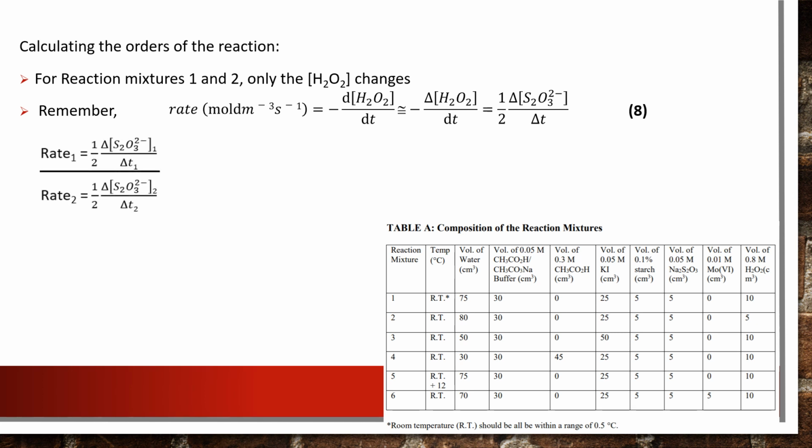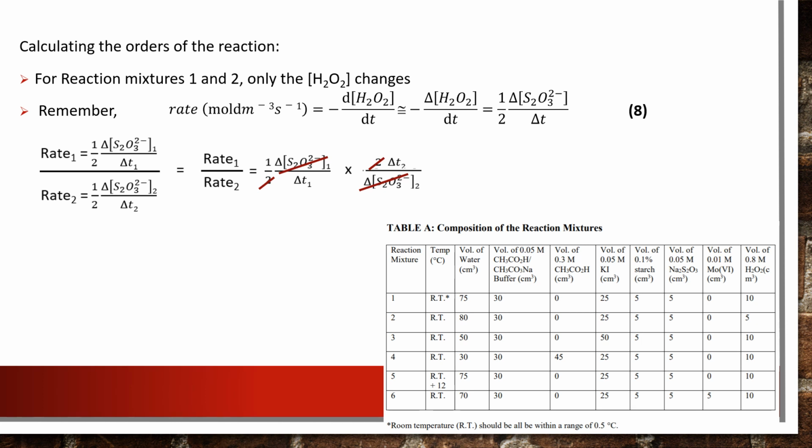By dividing the expression for rate 1 by the expression for rate 2, or vice versa, the concentration of thiosulfate cancels out. Remember, when dividing by a fraction, multiply the dividend by the reciprocal of the divisor.